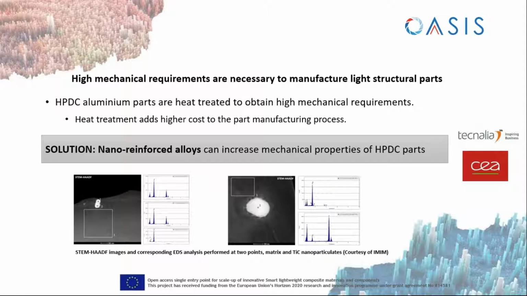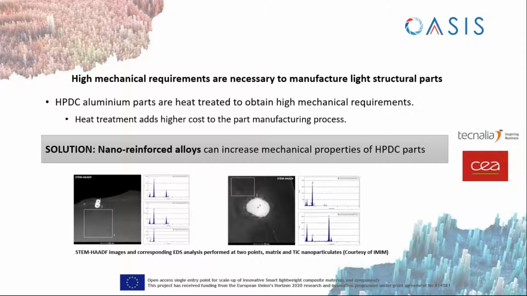So here you can see a picture of this nano-reinforced alloy to increase the mechanical properties. The big advantage of such kinds of alloys is they do not require heat treatment. So our conventional structural casting I've shown at the beginning of the vehicle, they usually have a T7 or a T5 heat treatment process, and this ends up with high costs per part.